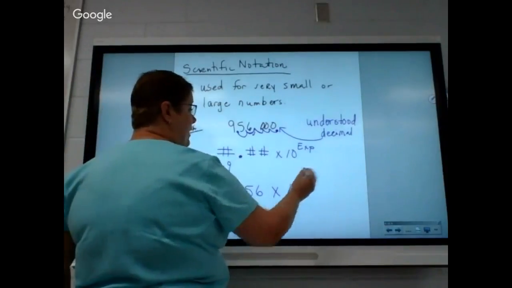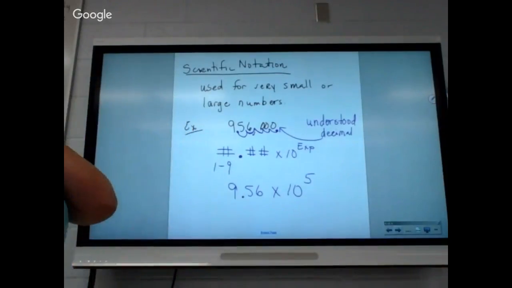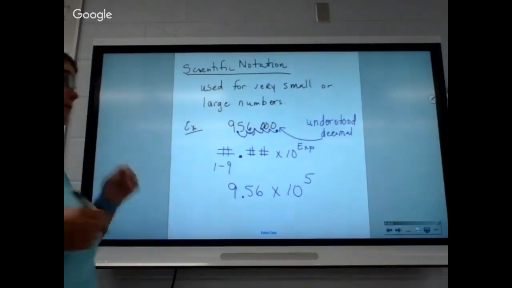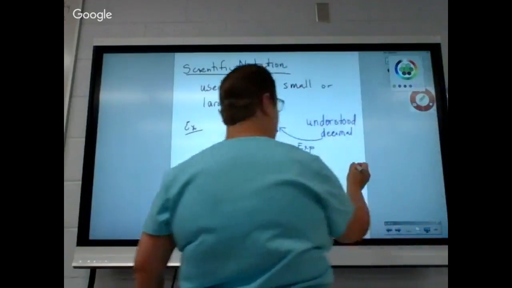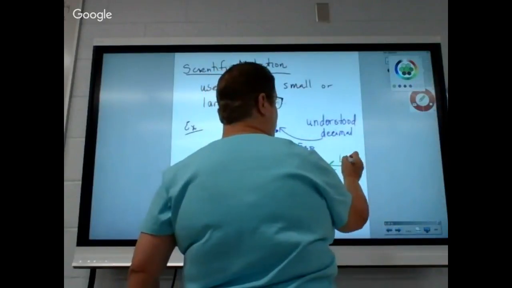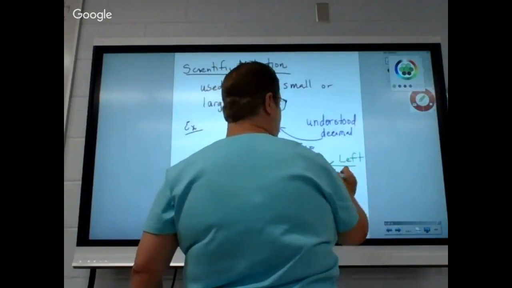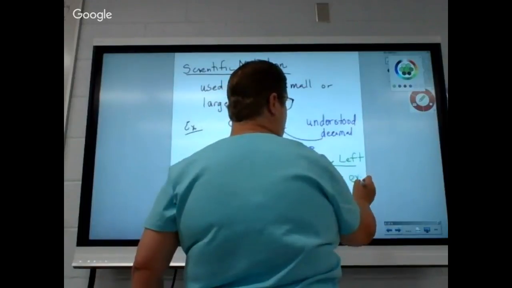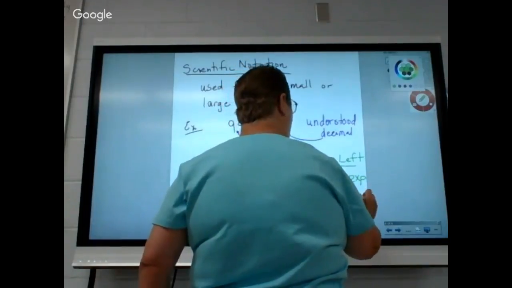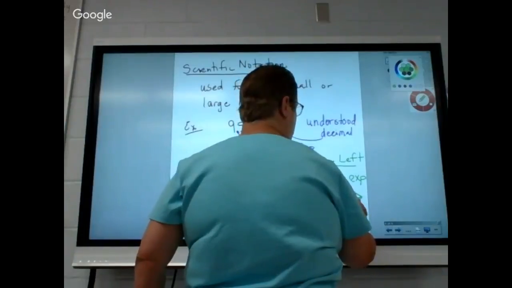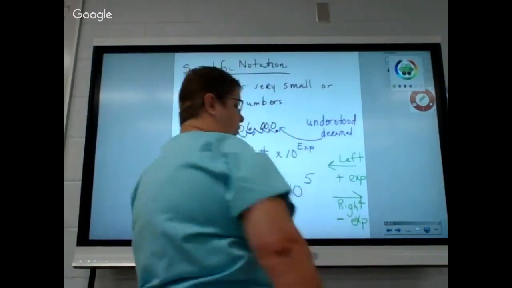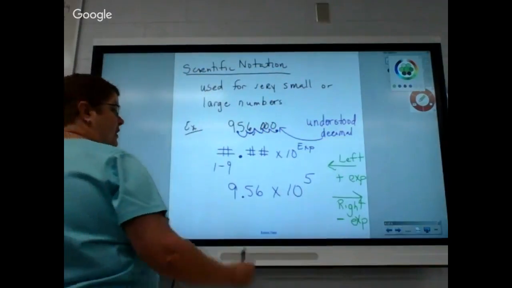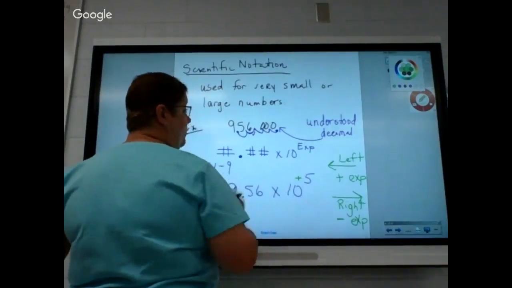So the exponent is a 5 because I moved it 5 places. Now, if I move it to the left, it's a positive exponent. If I move it to the right, it's a negative exponent. And because I moved it to the left, it's a positive 5.